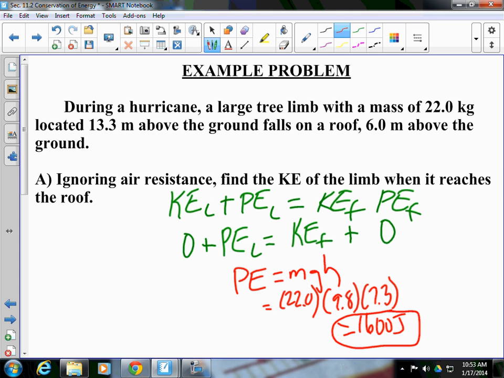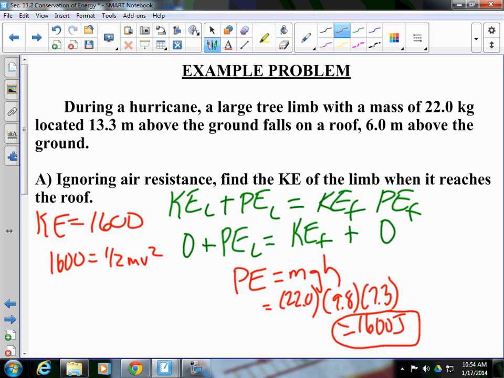That's the kinetic energy. Now, I could ask you, what velocity did this tree branch fall at? Well, since KE and PE are equal, KE would also equal 1,600, and therefore you could set 1,600 equal to 1/2 mv squared and solve for v. That would be an example of how you would do that.